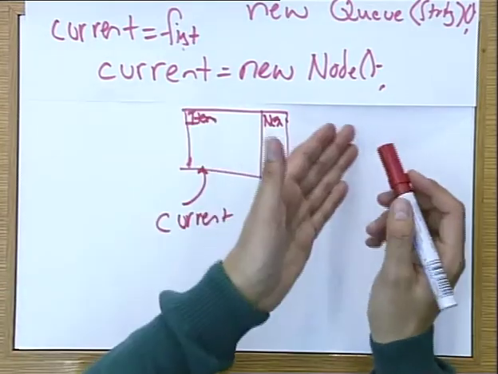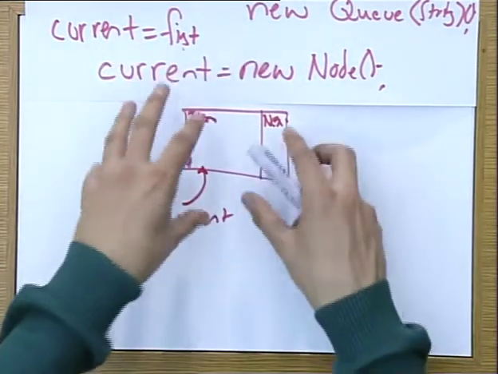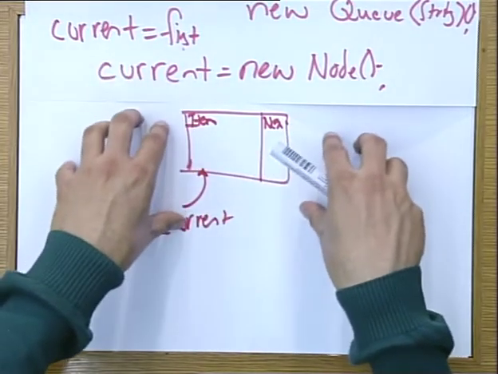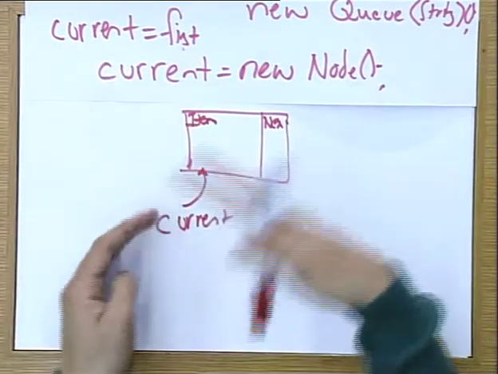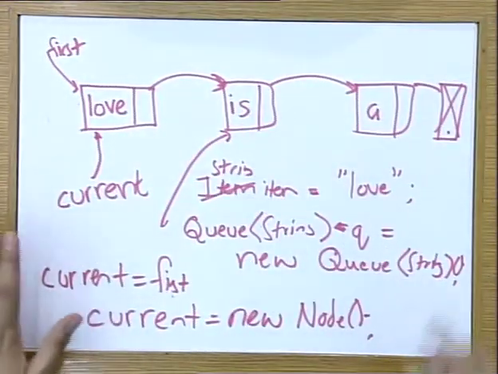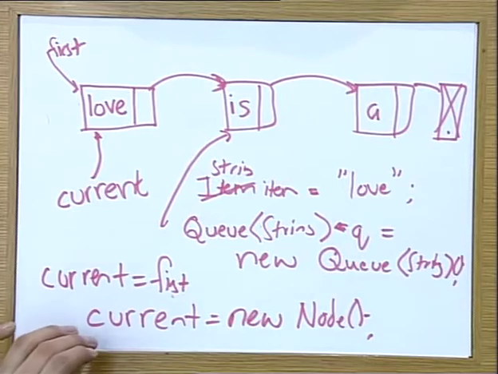And this is of course not what we want. So new we use when we want to allocate new memory to insert an item, and when we just manipulate the references such as here, then we don't allocate new.